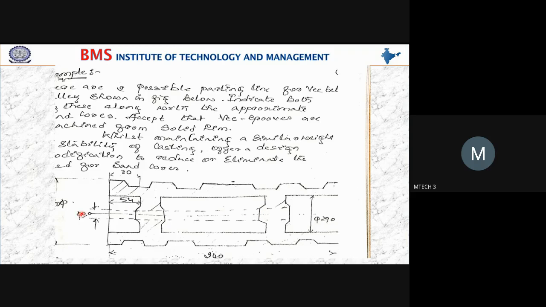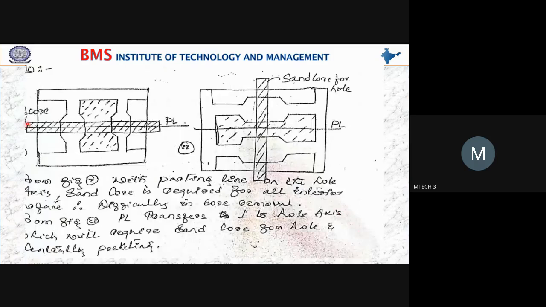So now in the first diagram, the first possible parting line is the parting line which passes through the axis of the hole. Okay, so that's what figure number 1 is showing. To get that, we need a sand core exactly at the center to get a hole feature. And apart from that, for all the interior surfaces, we require a core. So in this position, it's not so easy to remove the sand cores out of the mold cavity.